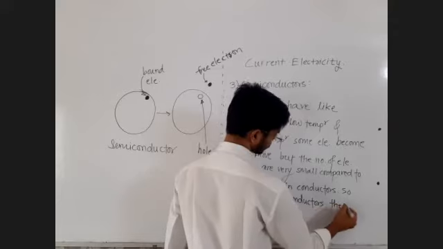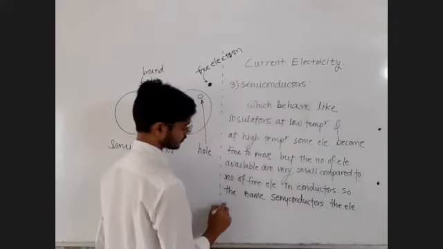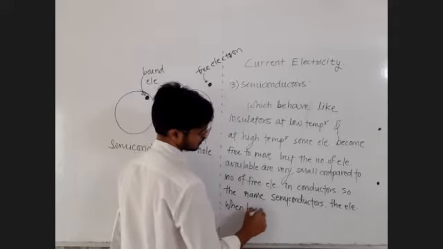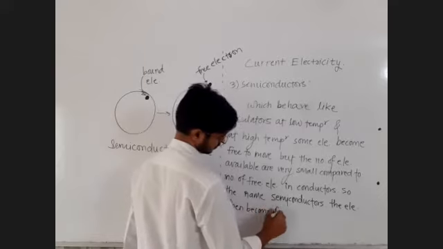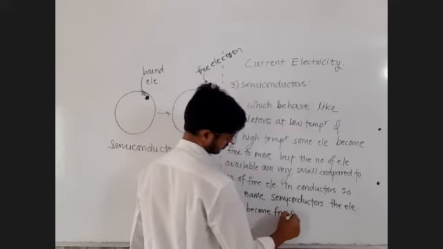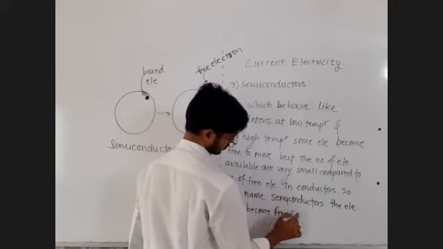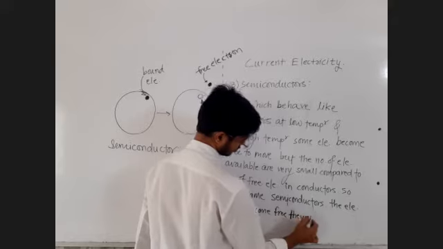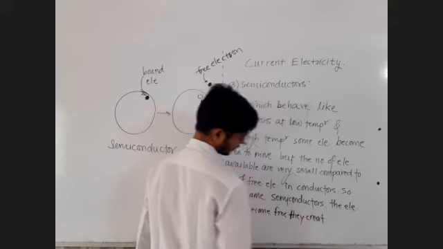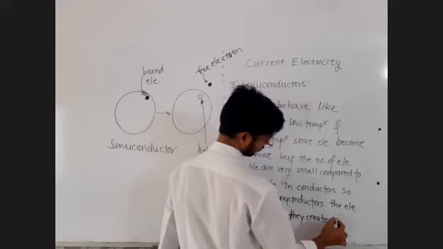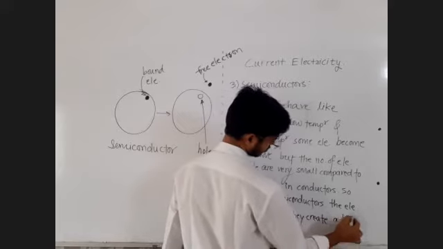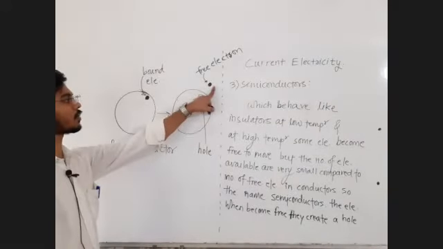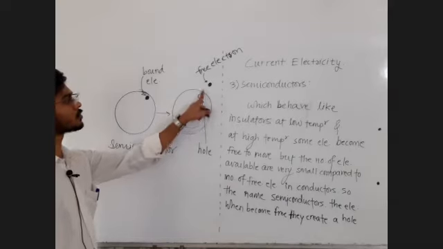So, the electrons when they become free, they create a hole, that is an absence of electron. इथनं गायब झाला, इथं आला ना, the electron has moved from this point to this point.